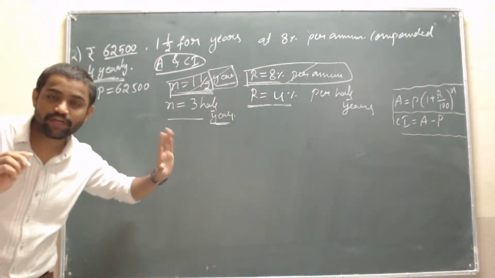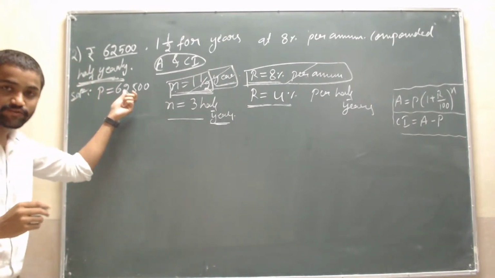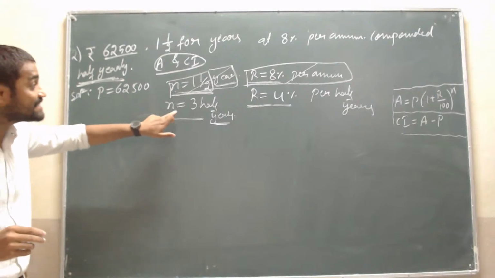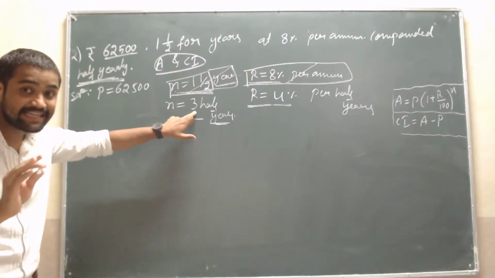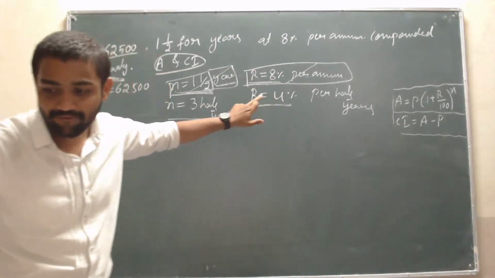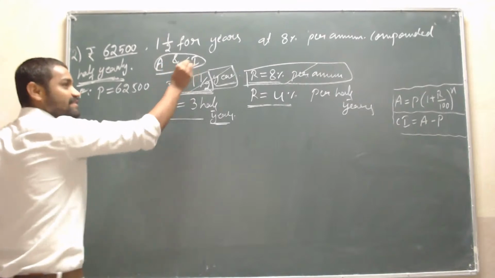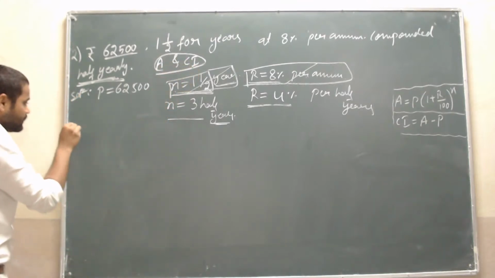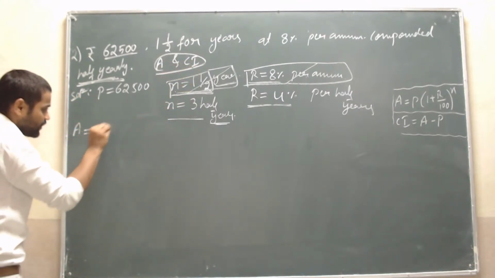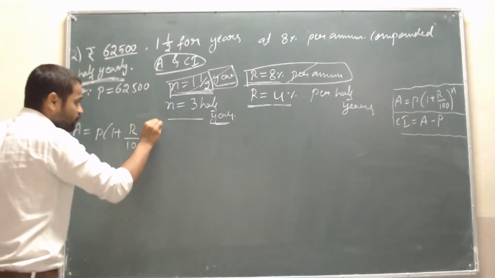Okay. Now we got the new values. The principal amount is 62,500 rupees, n is equal to 3 and r is equal to 4. Very good, now it is easy to find out. You know the formula is A equals P into 1 plus r by 100 whole to the power of n.